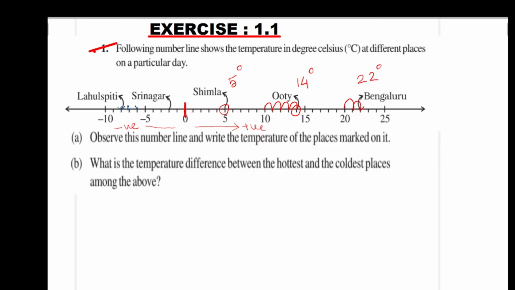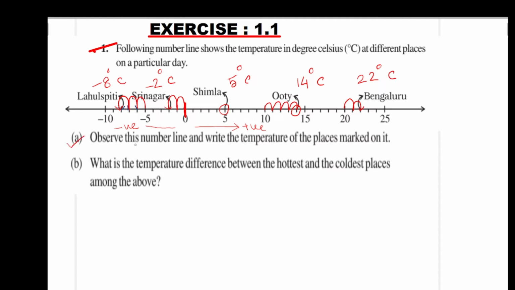Now come to the left hand side. Srinagar is 0, -1, -2 degrees. Then Lahul Spiti is at -5, -6, -7, -8 degrees Celsius.